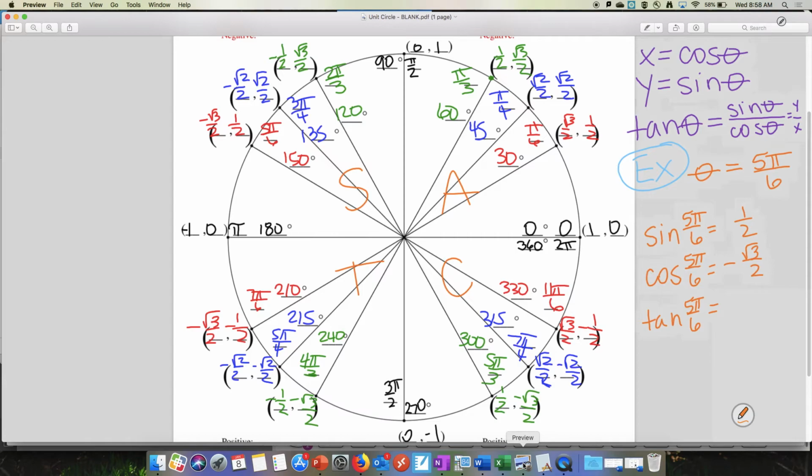In order to get our tangent ratio, we are going to have to take sine and divide it by cosine. Well, we have a fraction and a fraction. The 2's cancel out, and we have negative 1 over radical 3, which we would then have to rationalize to negative radical 3 over 3.